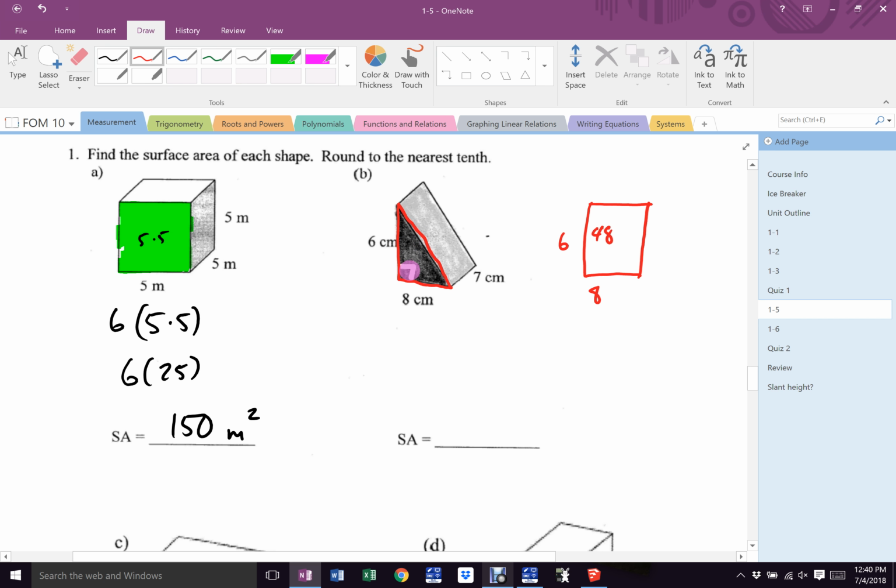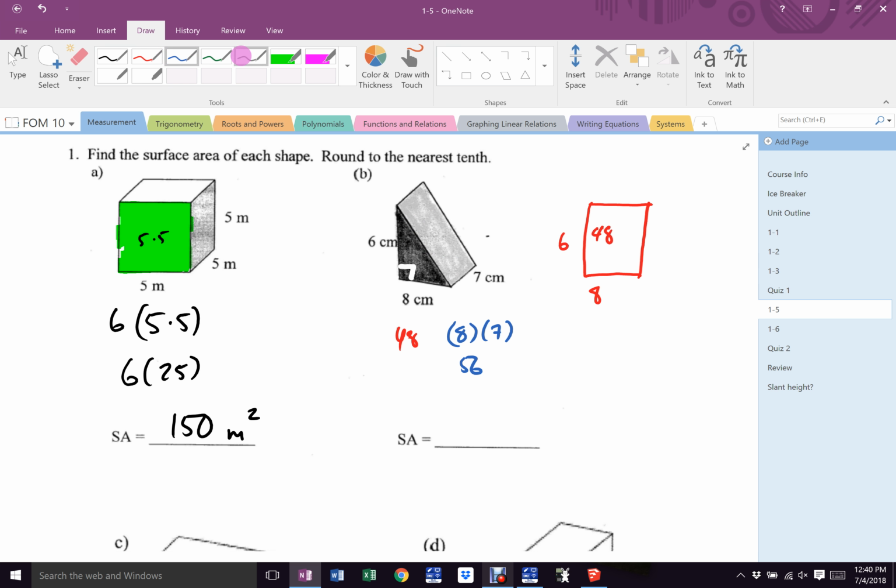So this part is 48. Then there's the bottom part. How big is that rectangle? 8 by 7, which is 56.